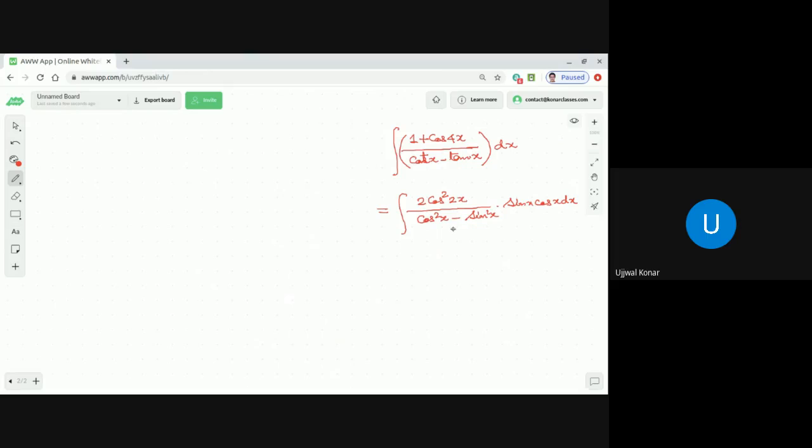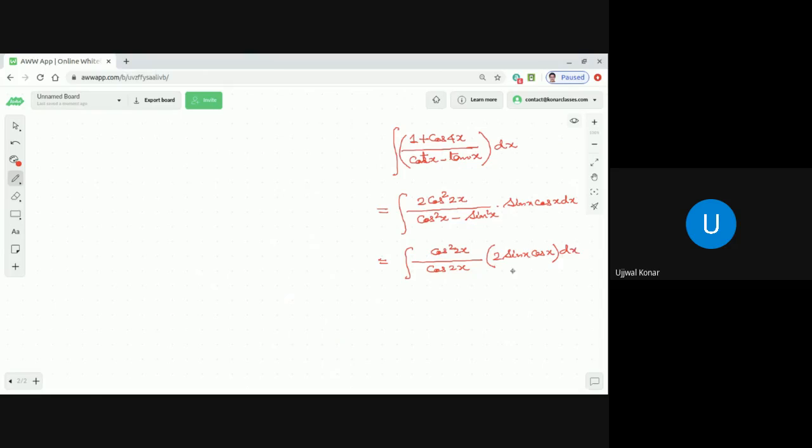So then what we are going to get here is, that implies, integration of 2 cos square 2x divided by cos square x minus sin square x, which is what? Cos 2x, if you recall the formula. And I'm writing this 2 here, 2 sin x cos x.